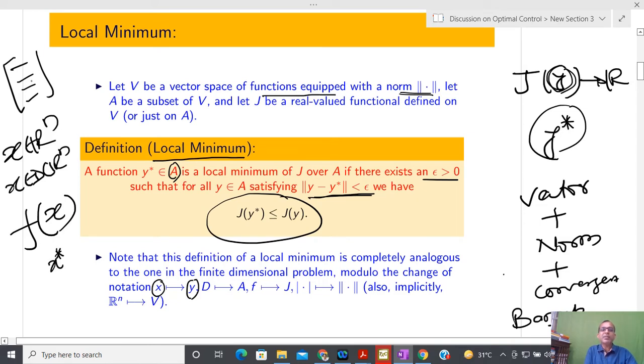y is some kind of function, where each entry is a real valued function.